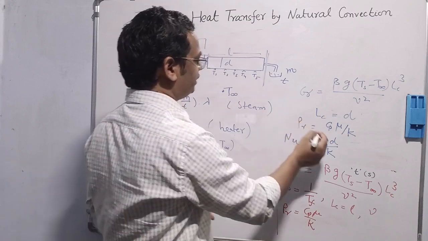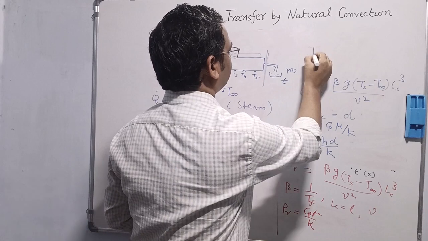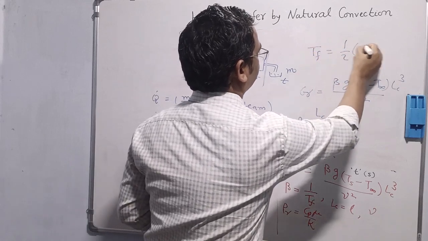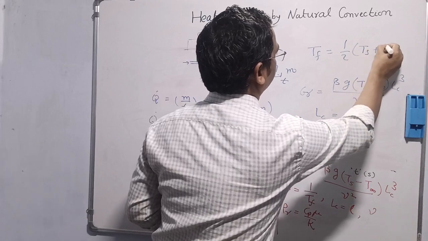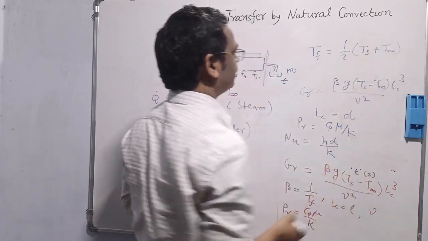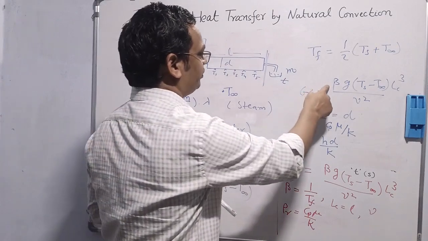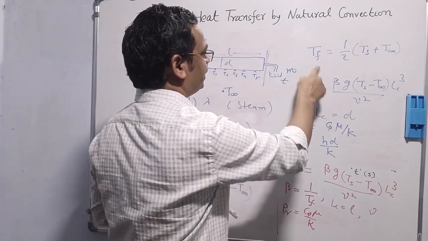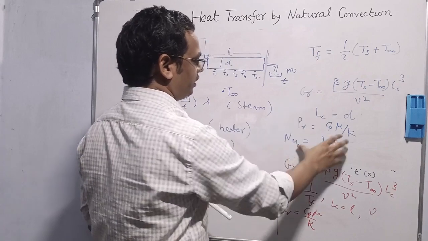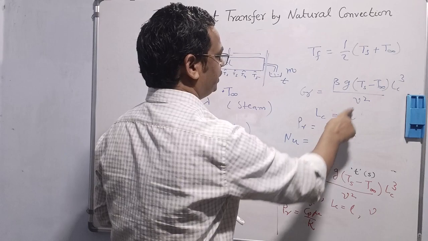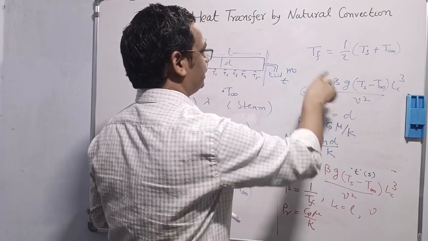And film temperature is nothing but Tf, which is the average of surface temperature plus surrounding temperature. And beta is nothing but 1 by Tf. And all the fluid properties such as k, Cp, mu, nu, beta should be considered at this temperature.